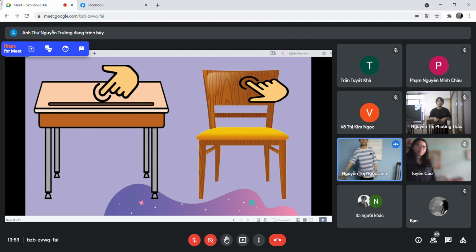Touch the desk. Yeah. Touch the chair. Walk to the desk. Walk to the chair. Point to the desk. Point to the chair. Touch the desk. Touch the chair. Good job. And now again. Walk to the desk.